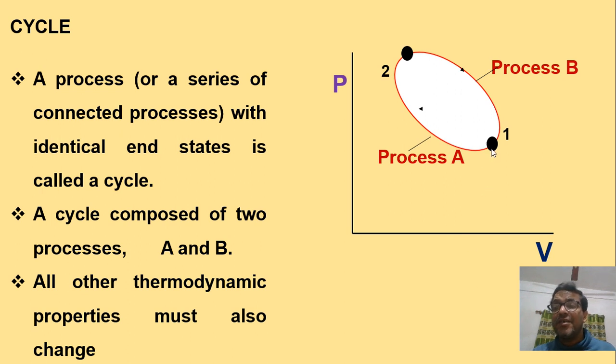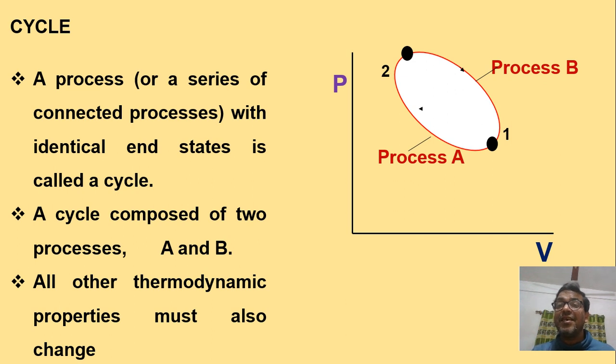I will explain this part. Here you can see that first we are considering points 1 and 2, and process A. Suppose from 1 it comes to 2. Here V is the volume and P is the pressure of the system. I told you the state of the system is described by parameters like pressure and volume, which change the thermodynamic system with respect to the surroundings.